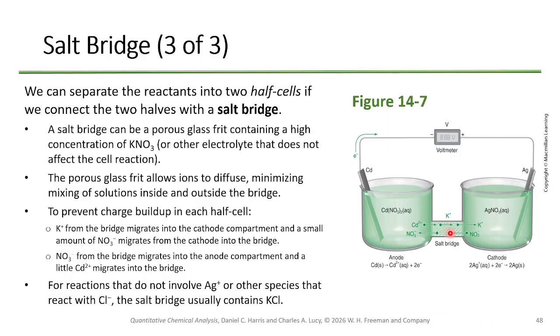You can do this with cardboard, like we mentioned, by the way. Remember, he used salt water on cardboard. That also would work. To prevent charge buildup in each half cell, we have the potassiums that can balance out the negative charges over here. We have the nitrates that can go on the other side and balance out the positive charges. And so it helps us buy time as we balance out these charges.